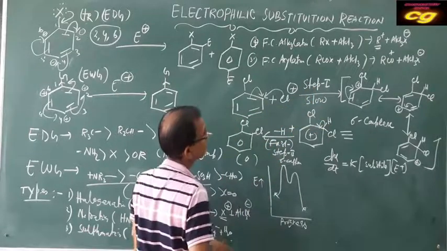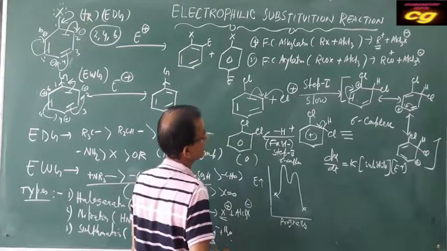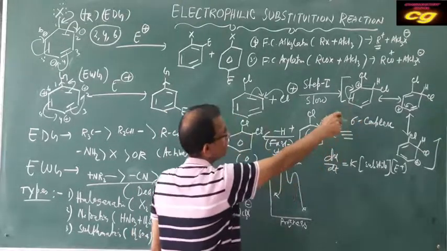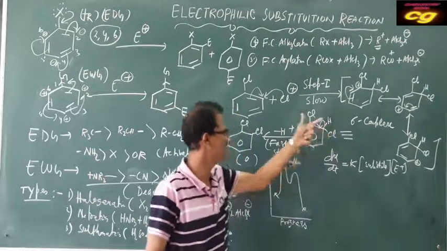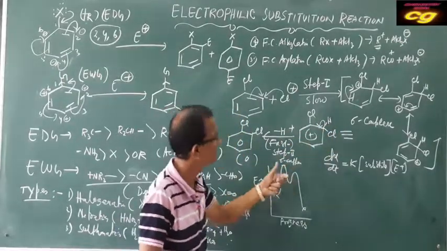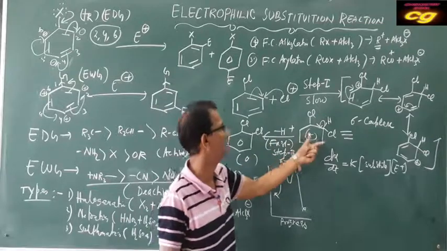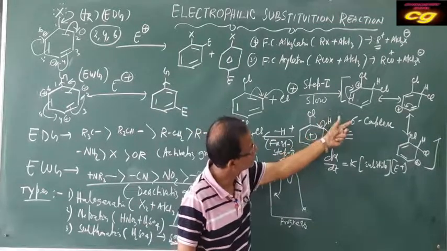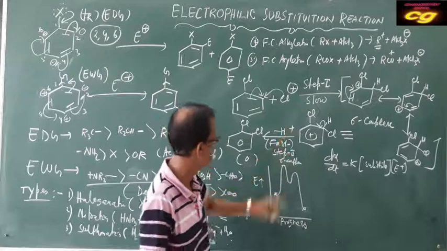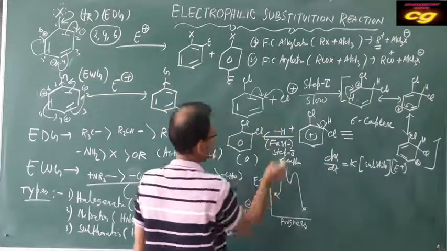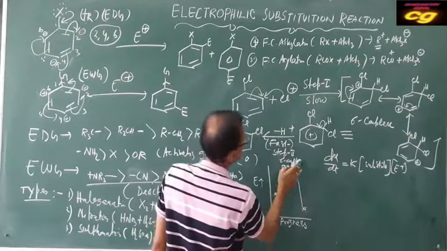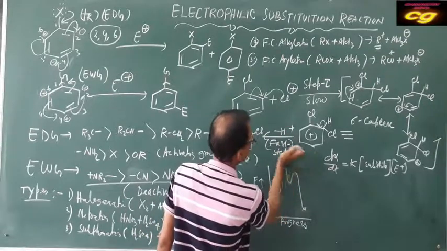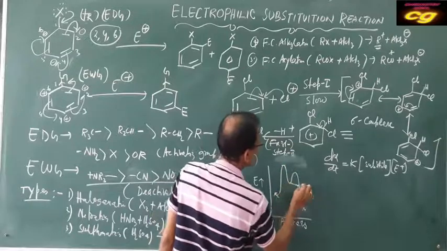Then the sigma complex, when it loses the H plus ion, converts to the product. Here the attack of the electrophile produces the sigma complex.